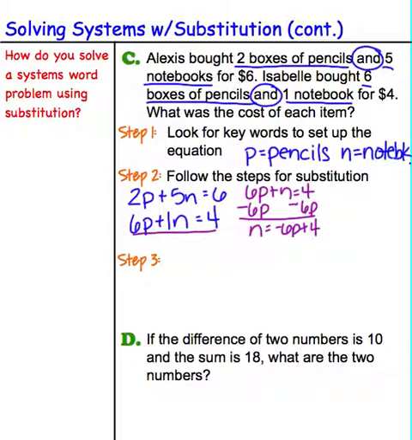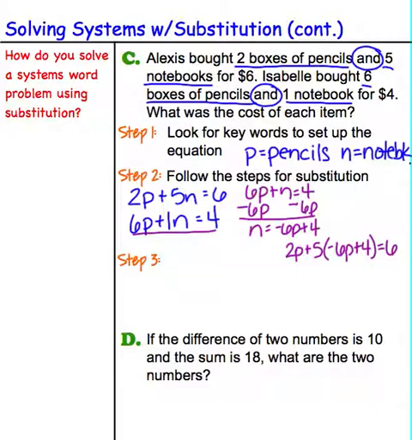So now we substitute that into the other equation, and that is going to be 2P plus 5N, and we know N is negative 6P plus 4, and that equals 6.